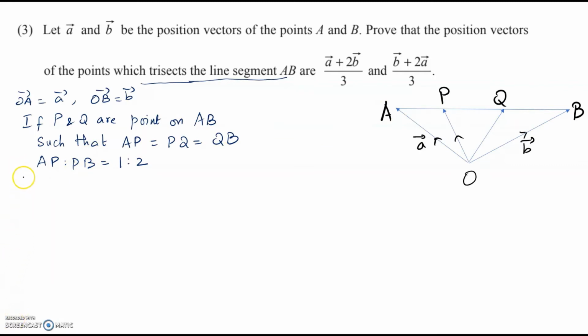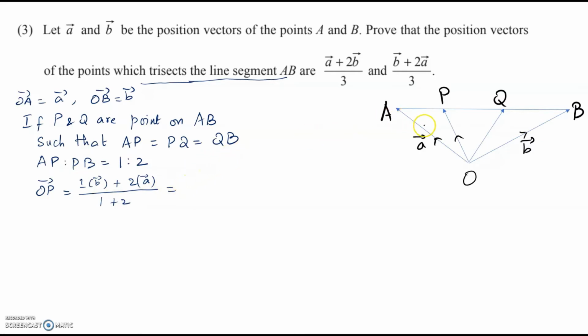So now, using our section theorem, we can say that OP vector is equal to 1 times of vector B plus 2 times of vector A divided by 1 plus 2.